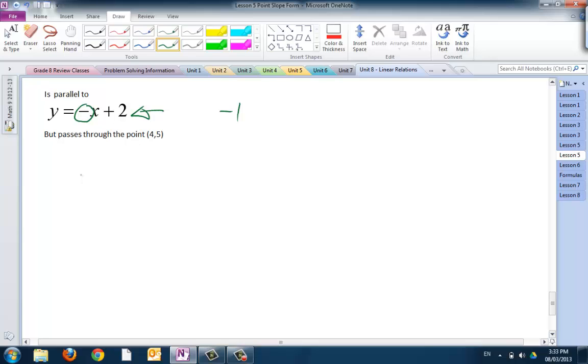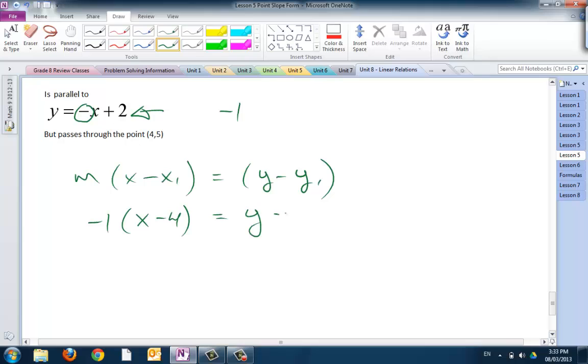And so with a slope like that, I can go back to my point slope form, y minus y1. I can say negative 1 onto x minus 4 is equal to y minus 5. So that's going to be negative x plus 4 is equal to y minus 5.